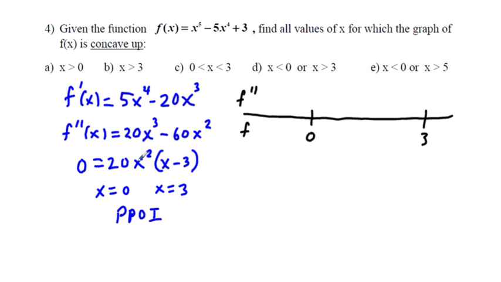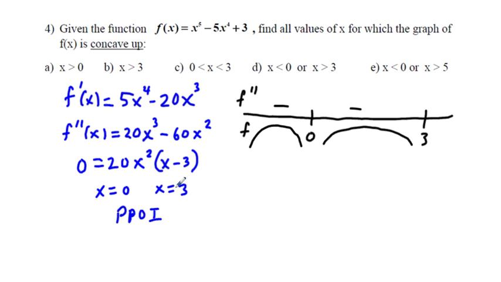Well, x squared is always going to be positive, no matter negative or positive, and then negative 1 minus 3 is going to be negative. So we are concave down from negative infinity up to x equals 0. Next, a number between 0 and 3, say we take 1, well again positive times a negative, so we have negative concavity also between x equals 0 and x equals 3.